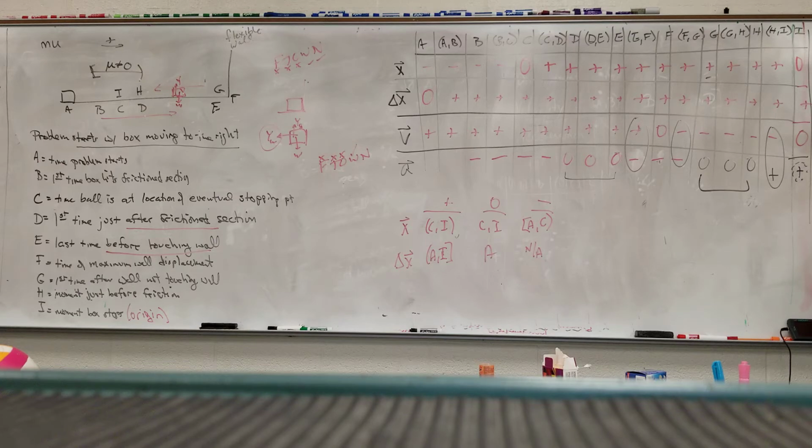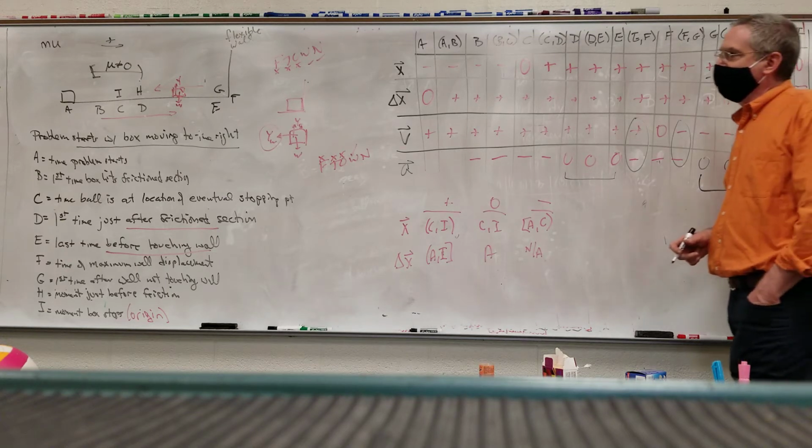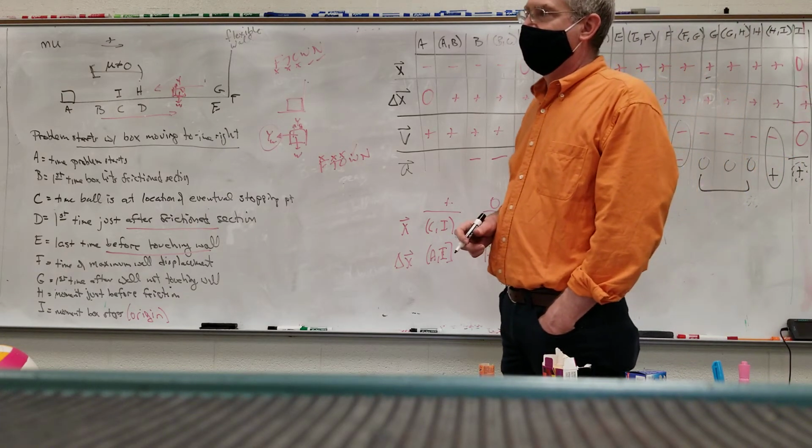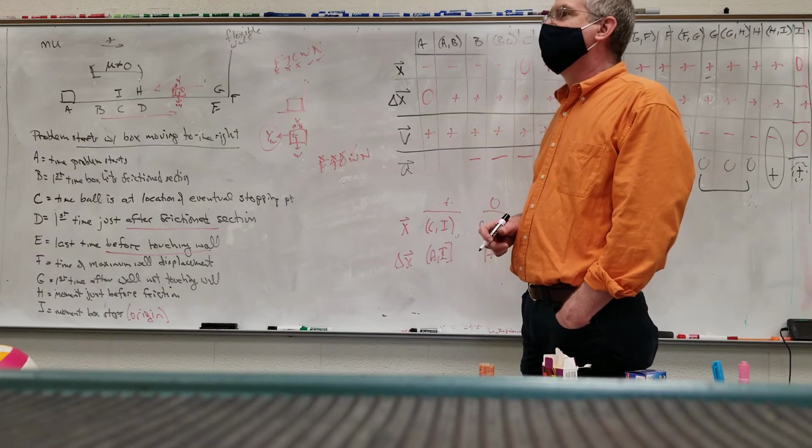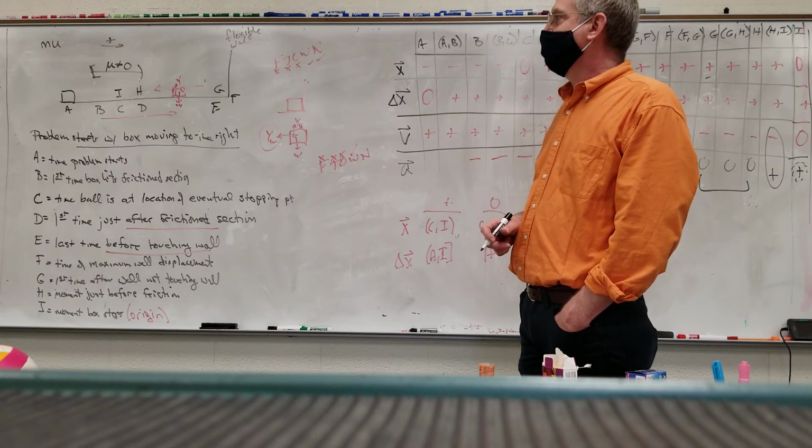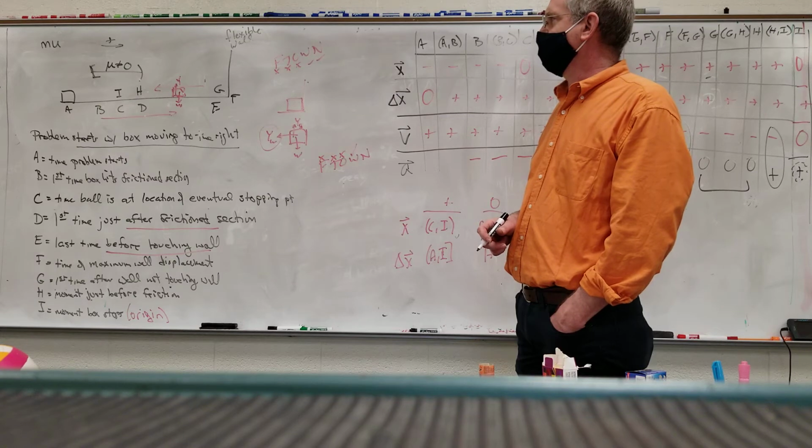And all we have left is the beginning of the problem, from A to B. Positive? Why? It's speeding up. Speeds up from A to B? What would cause it to speed up?